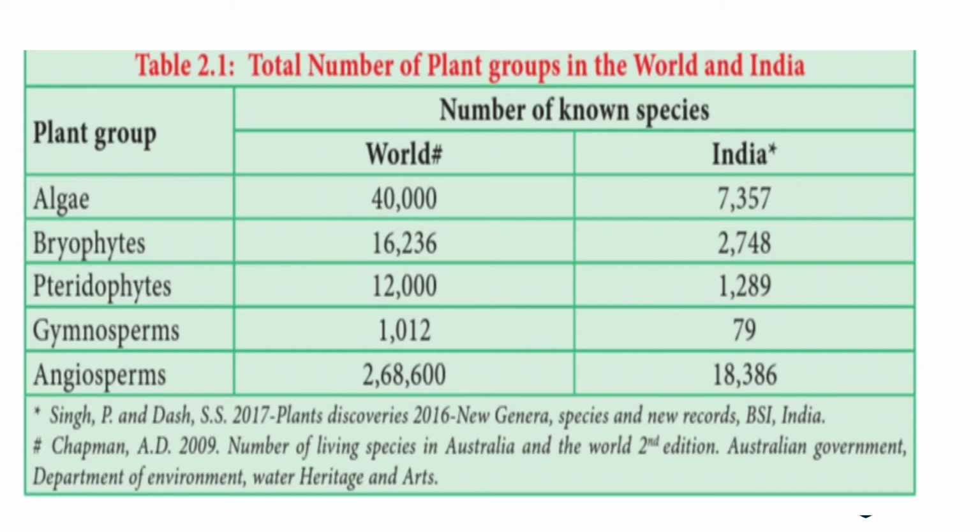Bryophytes: 16,236 in the world, 2,748 in India. Pteridophytes: 12,000 in the world and 1,289 in India. Gymnosperms: 1,012 in the world and 79 in India. Angiosperms: 2,68,600 in the world and 18,386 in India.